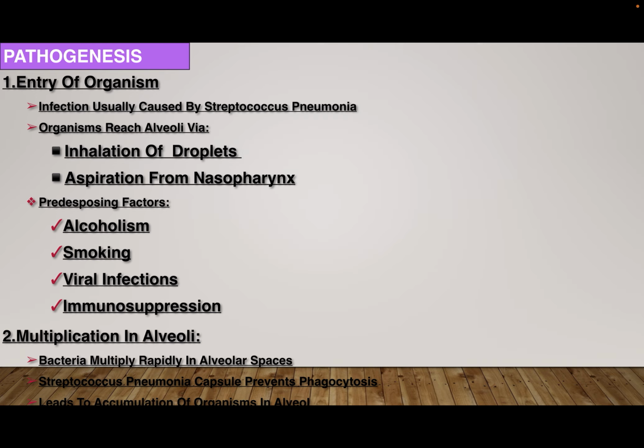These organisms reach the alveoli through inhalation of droplets or aspiration from the nasopharynx. The predisposing factors are alcoholism, smoking, viral infections, and immunosuppression.